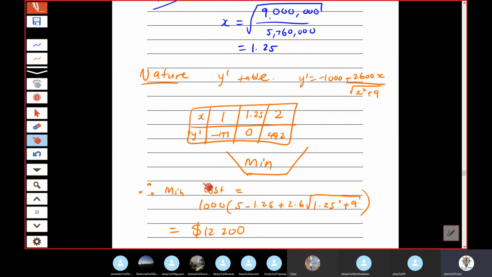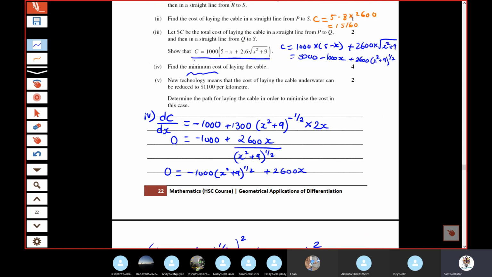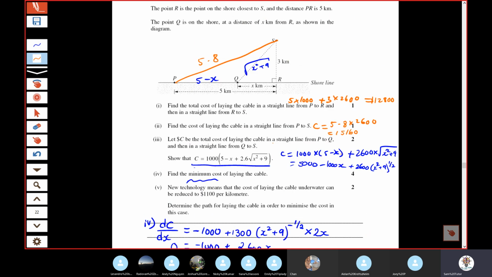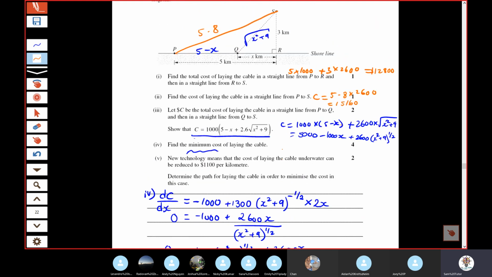So here we go. Let's work it out. Let's go back up here. P to Q. Okay. I might just do it on the diagram. Now that it's 1100, PS would cost 5.8 times 1100, which equals 6,414.